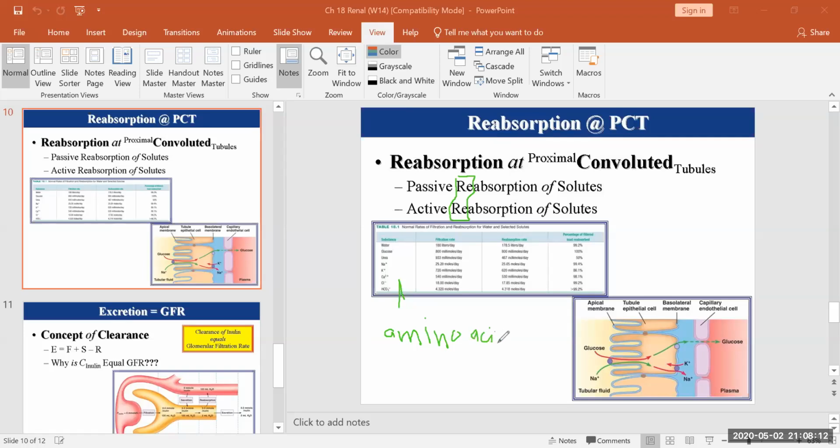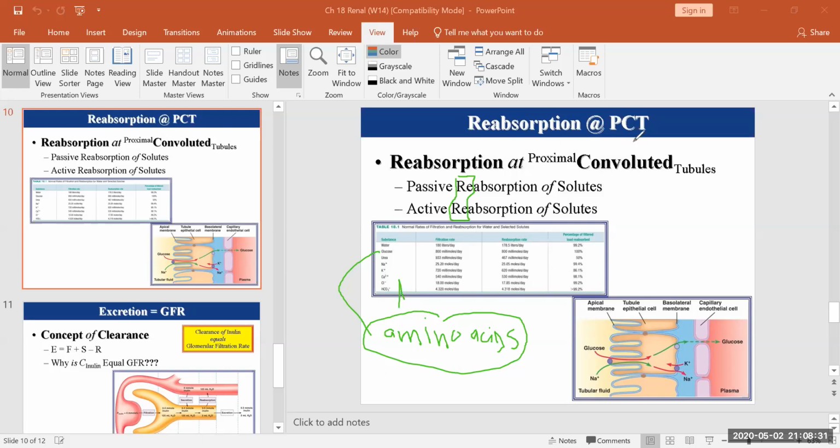They are the building blocks of proteins, so they are part of our nutrients. Glucose and amino acids were filtered out completely, but they need to be reclaimed. And in fact, they are being reclaimed at the proximal convoluted tubule.